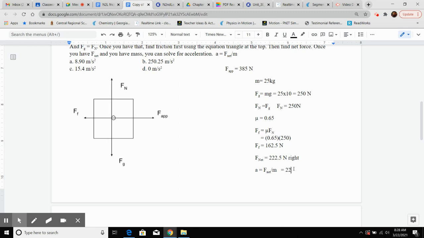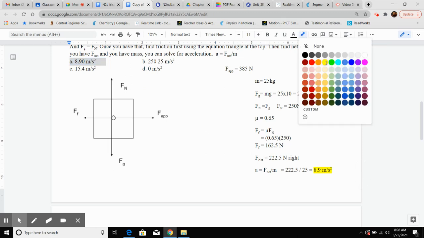So our F net was 222.5, and I'm going to divide that by 25. And this kicks out an answer of 8.9 meters per second squared. Which leads us to say, aha, the answer would be letter A.